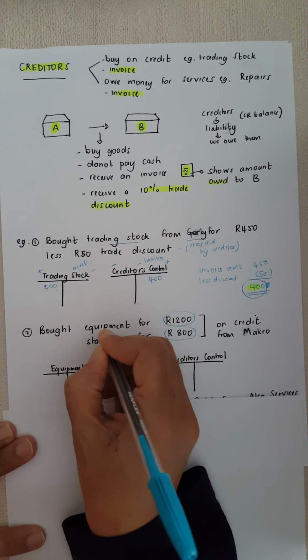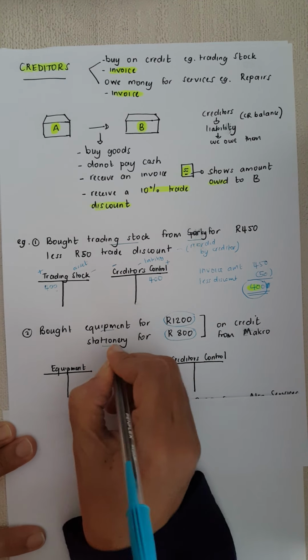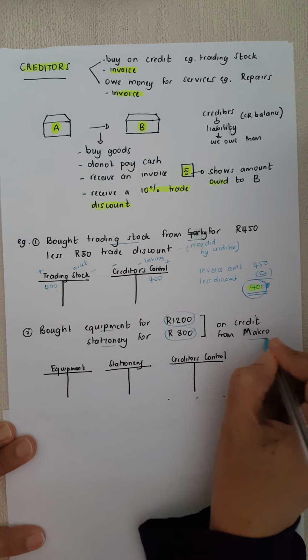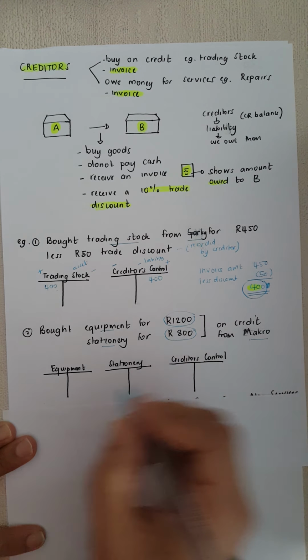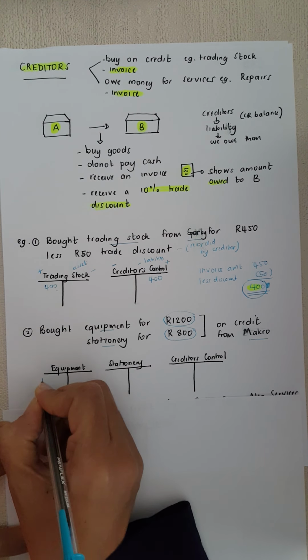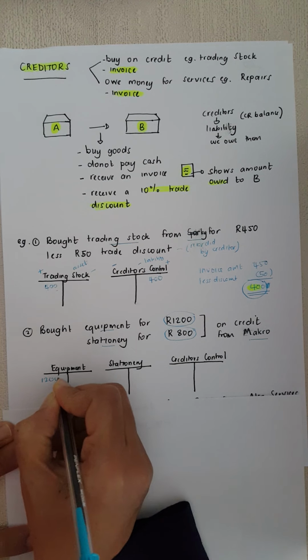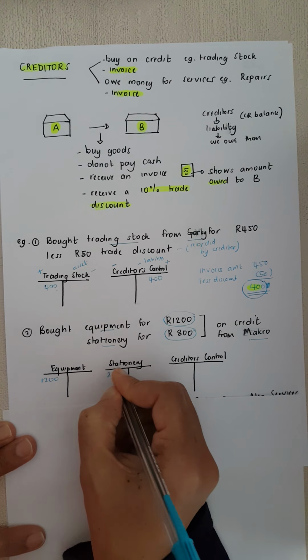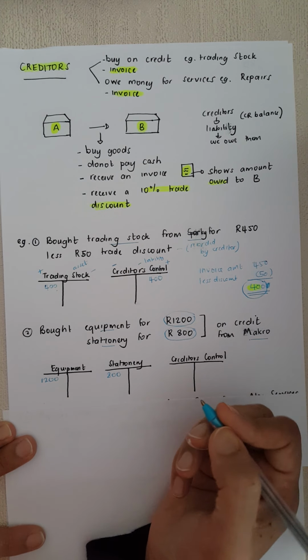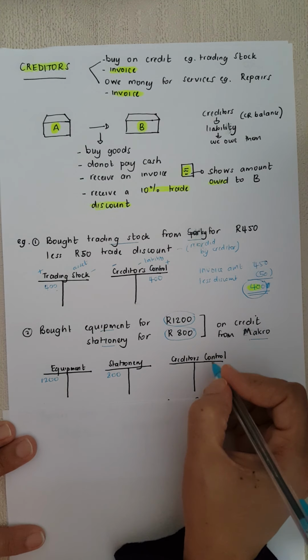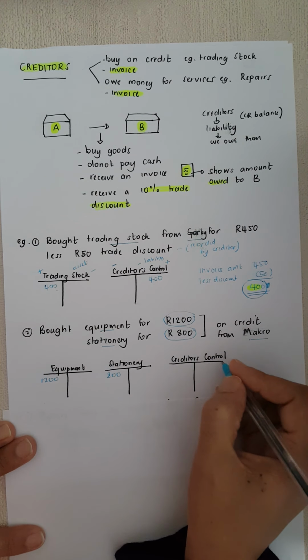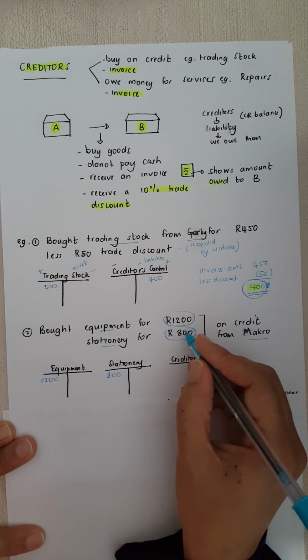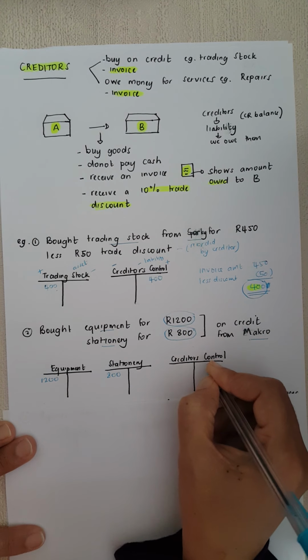So I have equipment, stationery, and a creditor. Equipment is an asset. I'm going to debit my equipment with 1200 Rand. Stationery is an expense. I'm going to debit my stationery with 800 Rand. It's increasing on the debit side. And then my liability is increasing on the credit side, so I'm going to credit my creditors control with the 2,000 Rand.